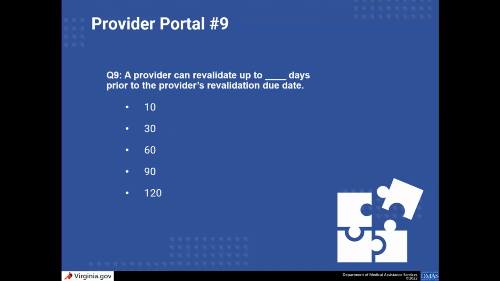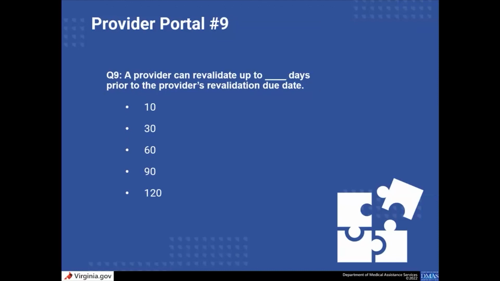Question 9. A provider can revalidate up to how many days prior to the provider's revalidation due date? Is it 10, 30, 60, 90, or 120? The correct answer is 90.